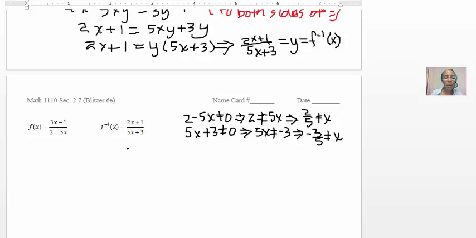So that is how I would actually find out some of the information that I would need. Now, what we're going to do is talk about f of x and its domain. And we also want to discuss the domain of f inverse, as well as the range of both functions.